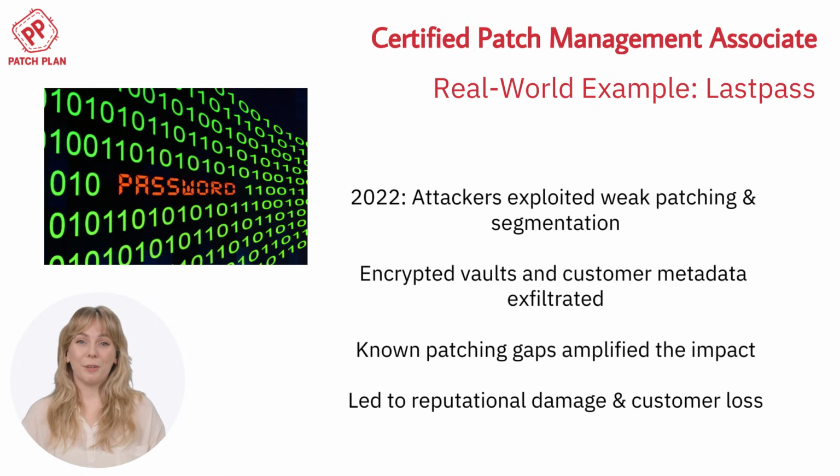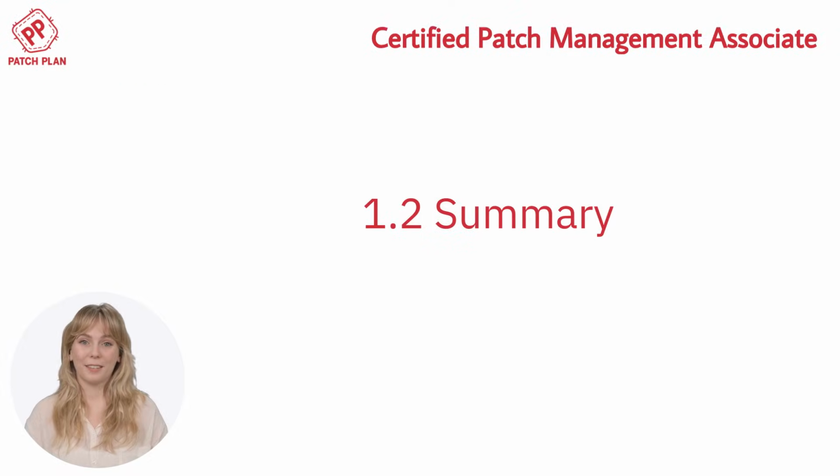While vault encryption limited the immediate damage, the incident drew sharp criticism because the compromised systems had known hardening and patching gaps that should have been fixed. The result was a major reputational blow, increased customer churn, and renewed questions about whether LastPass consistently enforced basic patching and vulnerability management practices.